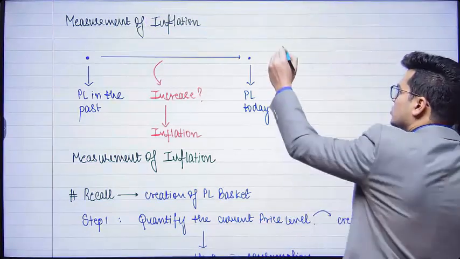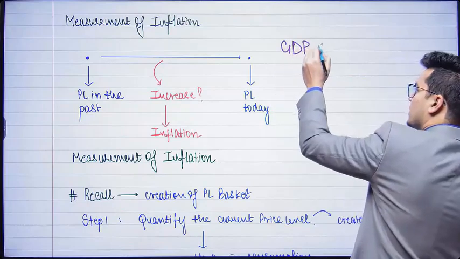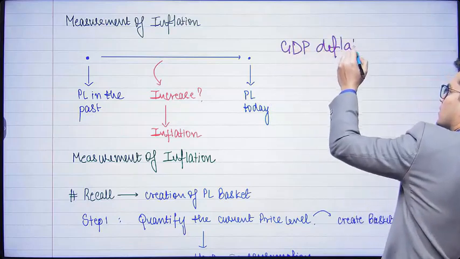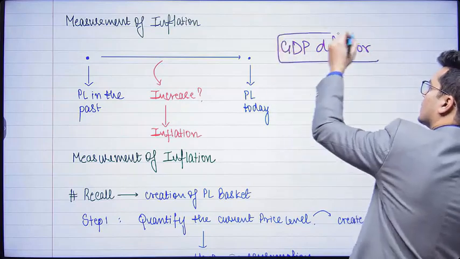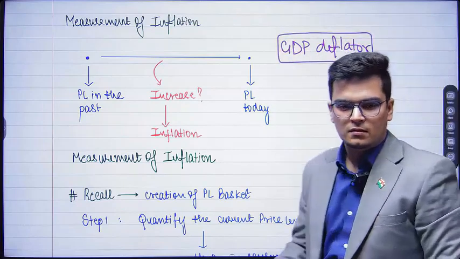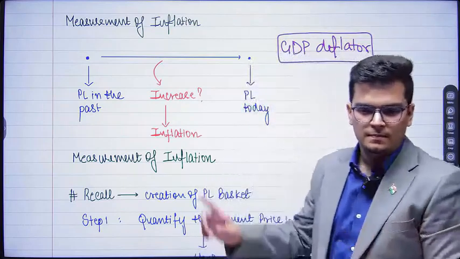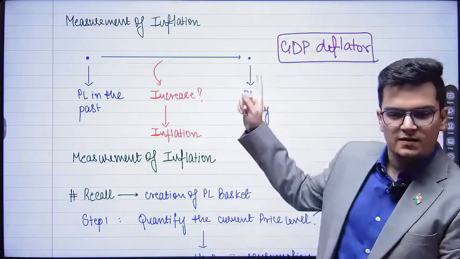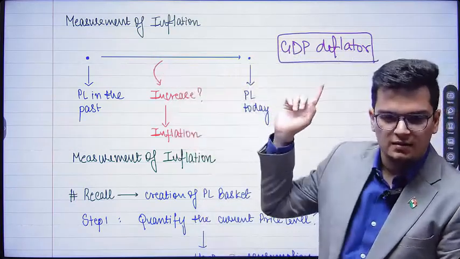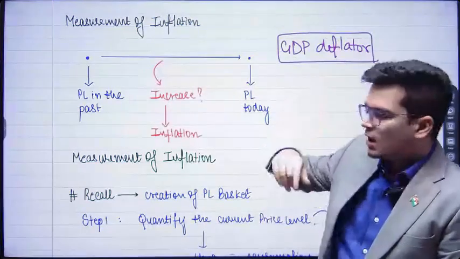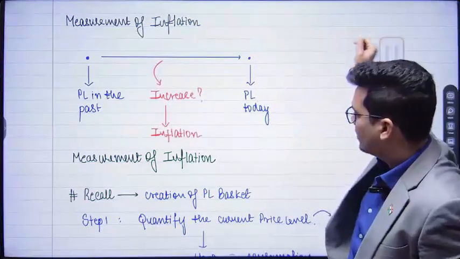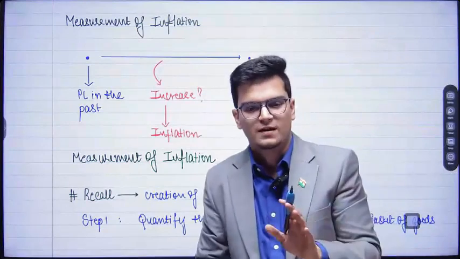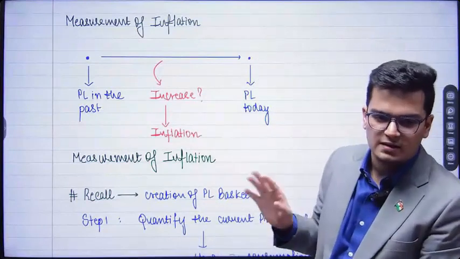There was one measure of inflation called GDP deflator. ये हमने पढ़ा था. We have read this. GDP deflator बेस ईयर से कंपेयर कर सकते थे, है ना. एक तो ये तरीका था. अब हम दूसरा तरीका देखते हैं. ये तरीका तो है ही, we can measure inflation through GDP deflator also. That way is obviously there.